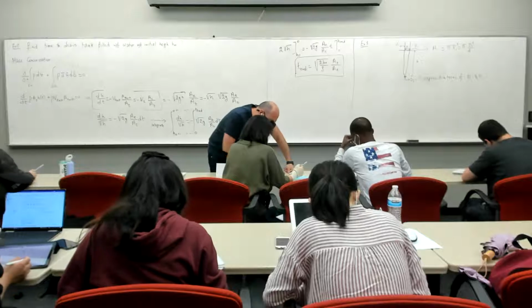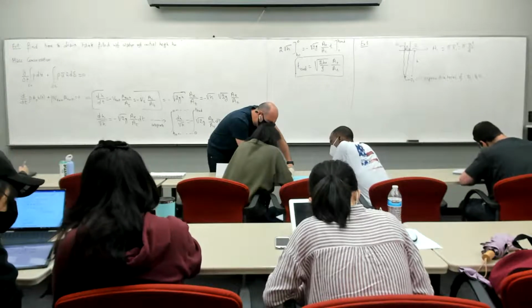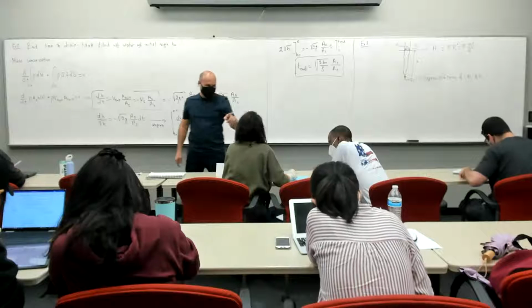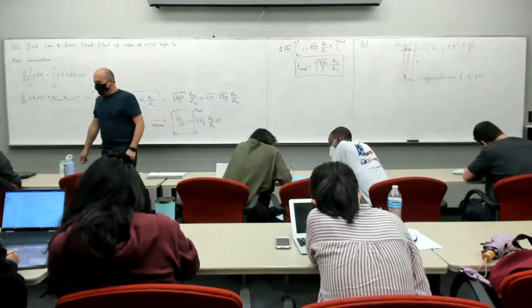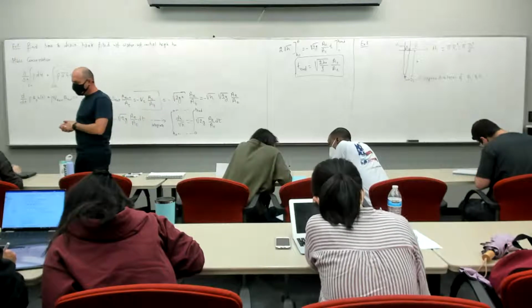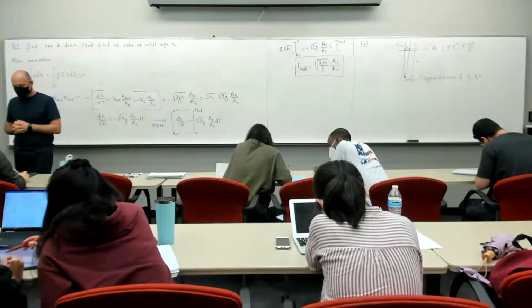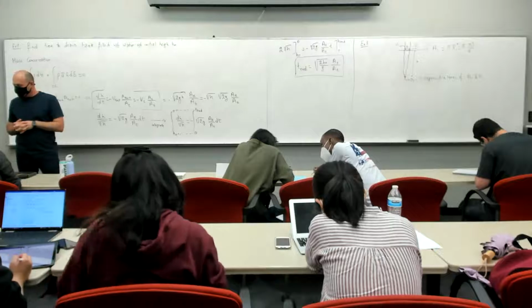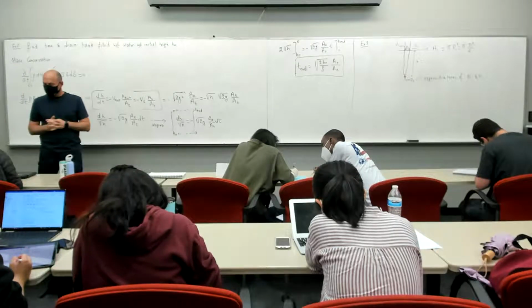Are you sure it cancels out? It doesn't cancel. You have a plus over here. Oh, yes. Any progress? So the situation said that this term doesn't exist because this term is zero.